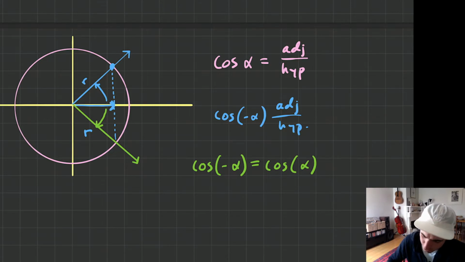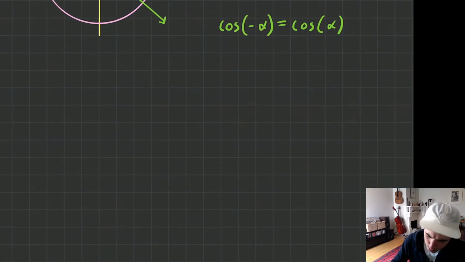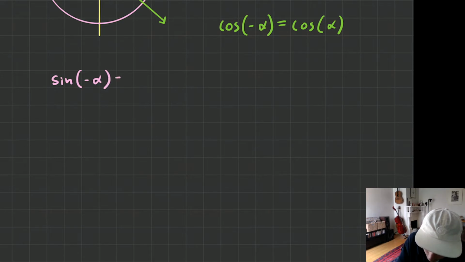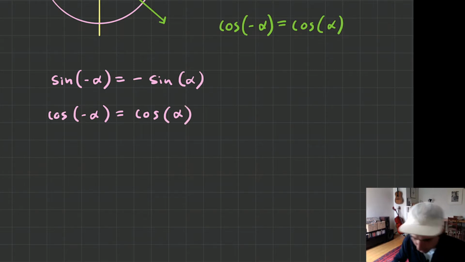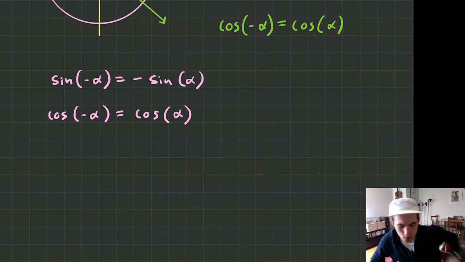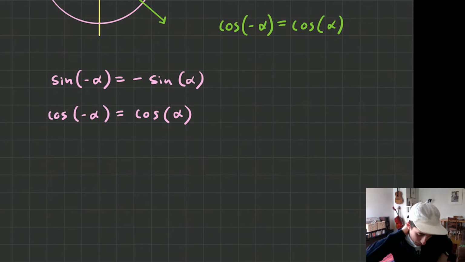So we have these two rules that prevail in the world of trigonometry. Sine of negative alpha is equal to negative sine alpha, and cosine of negative alpha is equal to just regular cosine of alpha. Isn't that neat? Throughout the next couple of years, you're going to be learning lots and lots of new rules with respect to trigonometry.